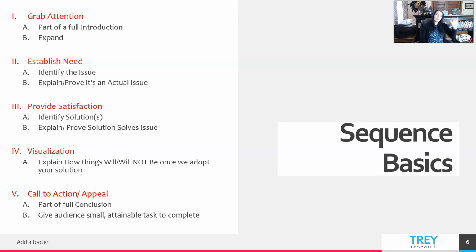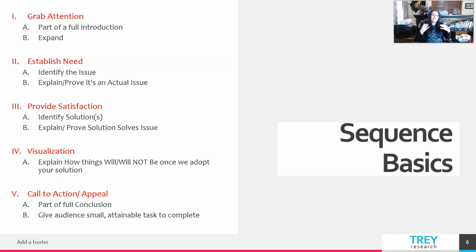So to go through this whole sequence again, you are getting my attention. It's part of a complete introduction, so you'll still have your thesis preview and etc. You are then going to, first main point of your speech, explain the issue, prove that it's an issue. Second main point, explain solutions, prove the solutions are useful and actually do what they promise.